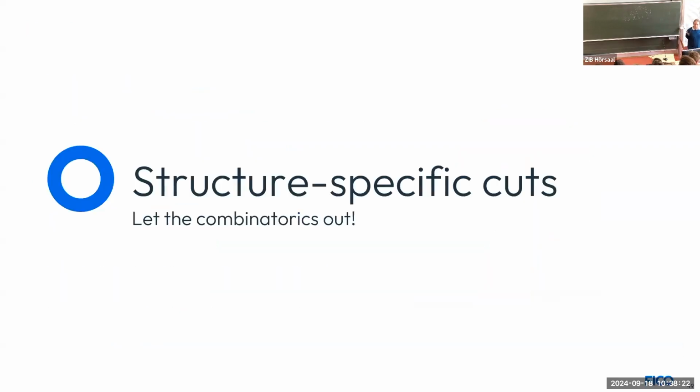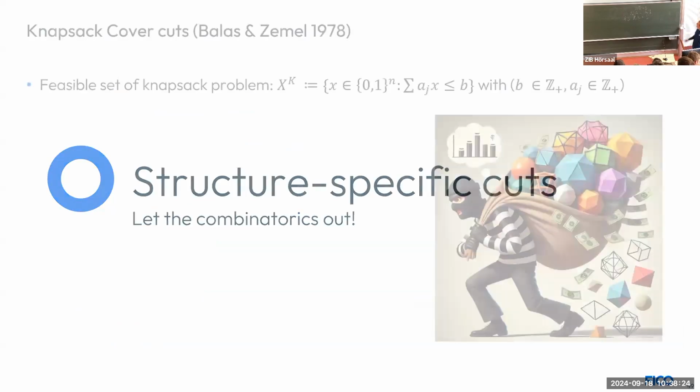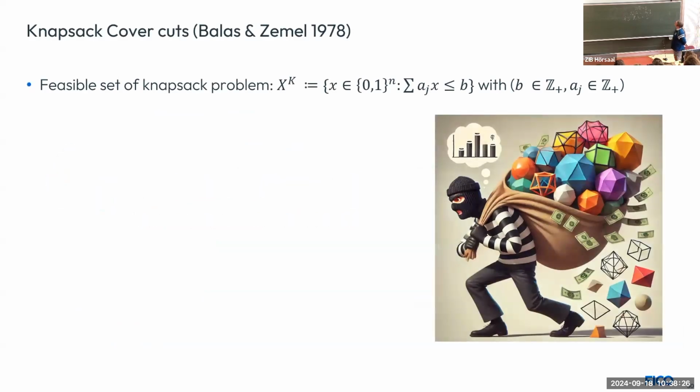Let's look at structure-specific cuts, like the foreshadowed knapsack cover cuts. Those are defined for the feasible set of the knapsack problem that you all know and have seen previously. We talk about some of the logic of the knapsack problem.